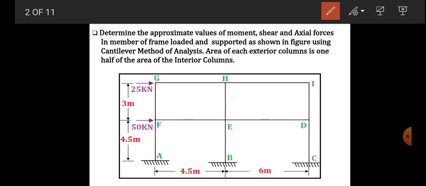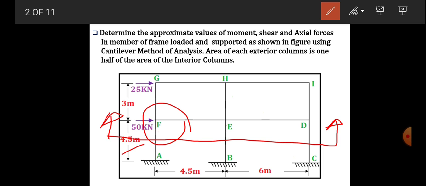For that, let's cut this frame from the middle of a column of length 4.5 meters and find out the forces for the members which are connected to joint F, joint E and joint D. Now from the upper story we know the forces in the member which is common for the F and G joints.